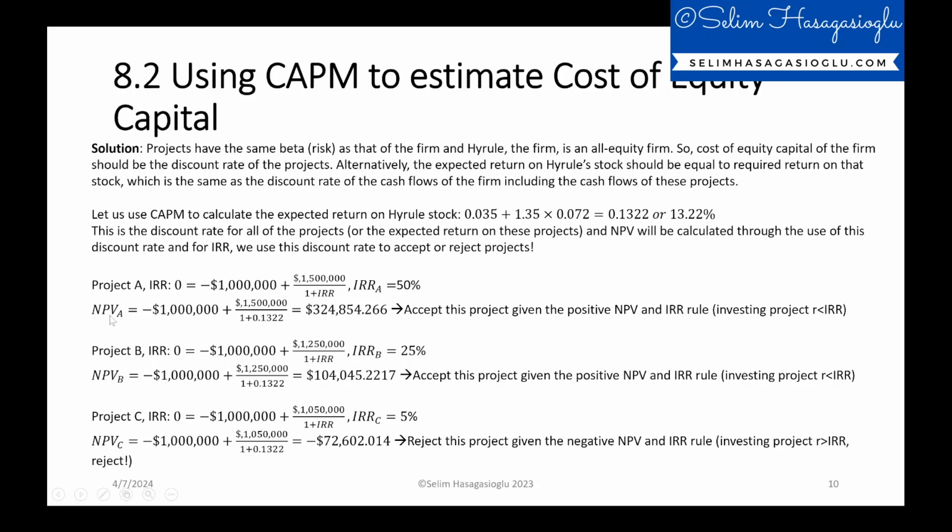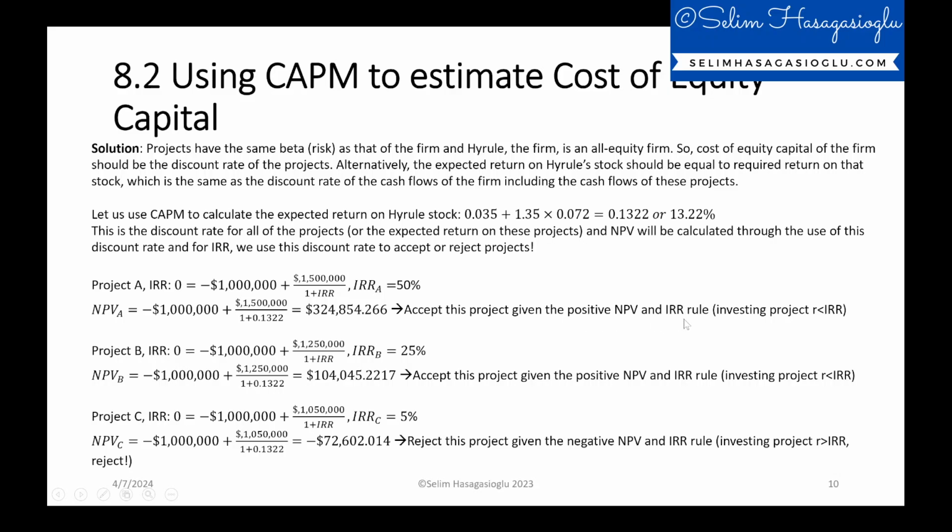And net present value for this project A will be the initial investment plus next year's future cash flows discounted for a single year at the cost of equity capital, which is 13.22%. So we will have $324,854.266. So accept this project given the positive net present value and IRR rule.